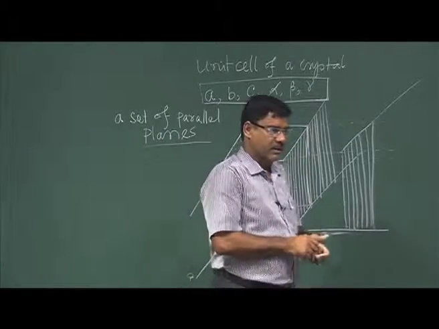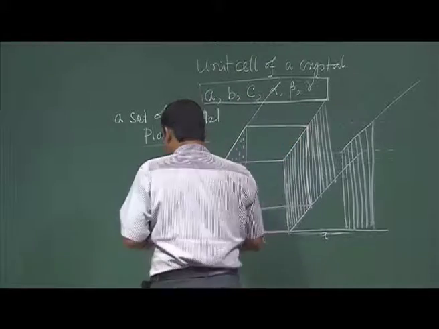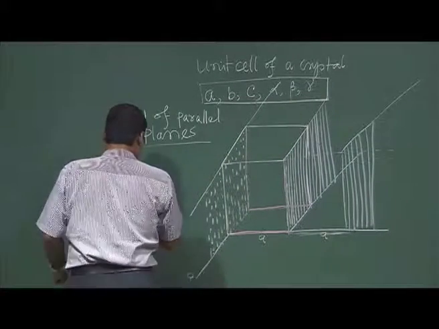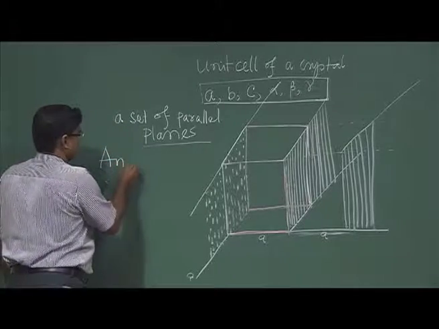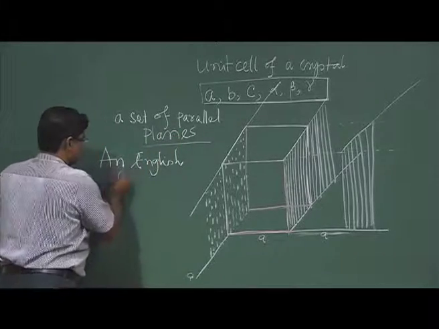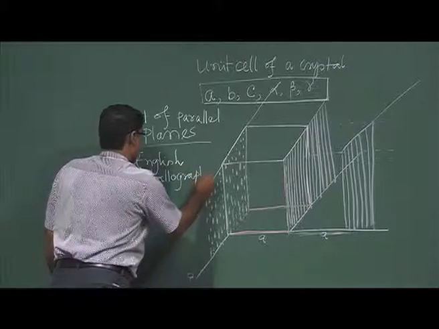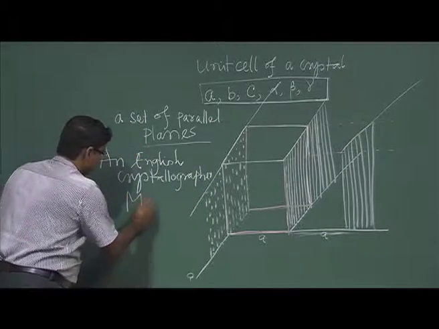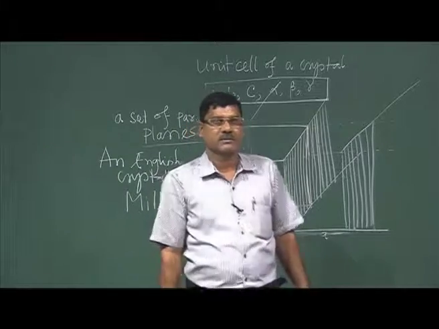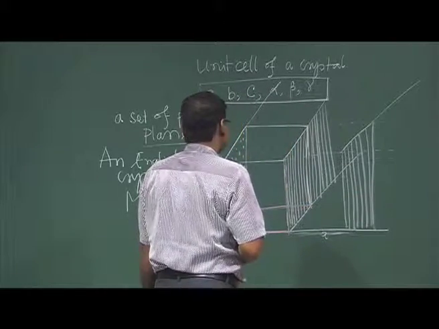For giving names to the crystal planes, an English crystallographer, his name is Miller, introduced a procedure to designate these crystal planes.